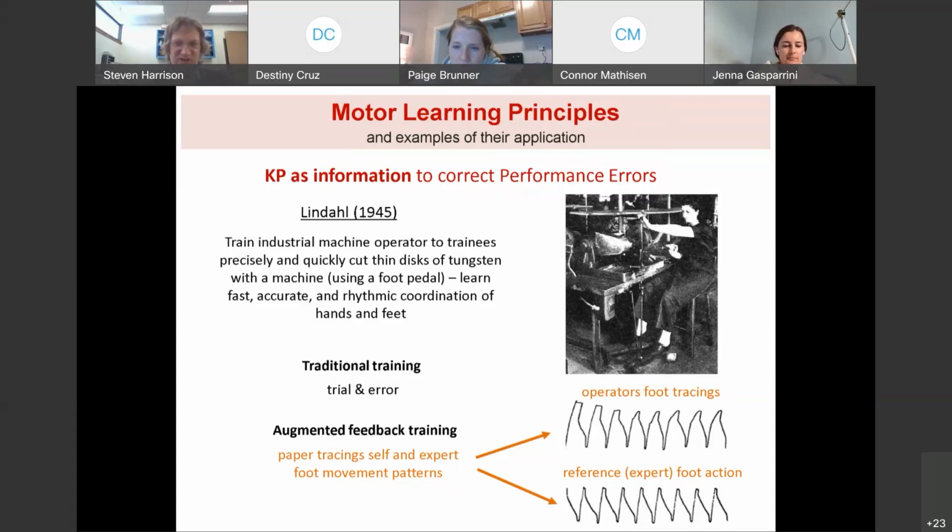So they had a reference to look at of, okay, this is the pattern that you should be creating if you're going to be an expert, and that will create the perfect disc. And this is the pattern that you created. So after you've cut a few discs, you get to be able to see how the way that you're doing the task compares to the expert, and use that as a way to guide how you would be modifying the way that you're doing the task.